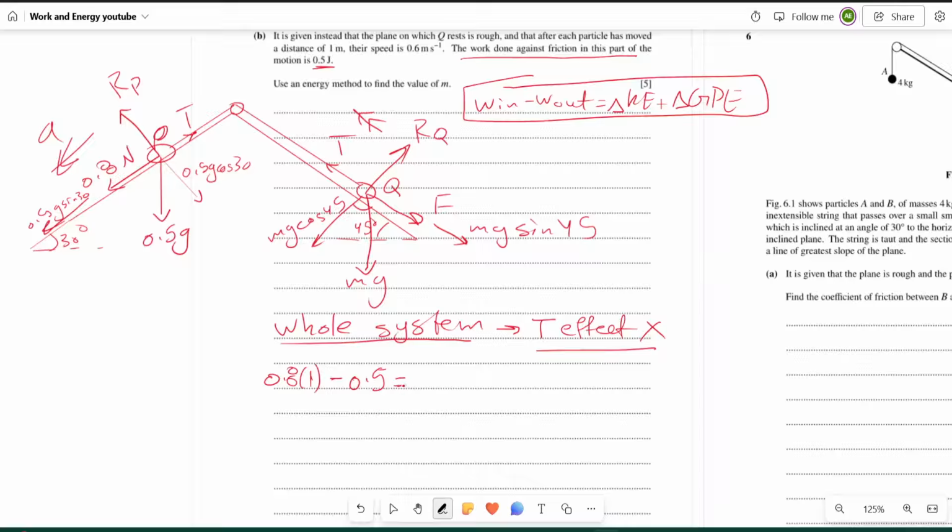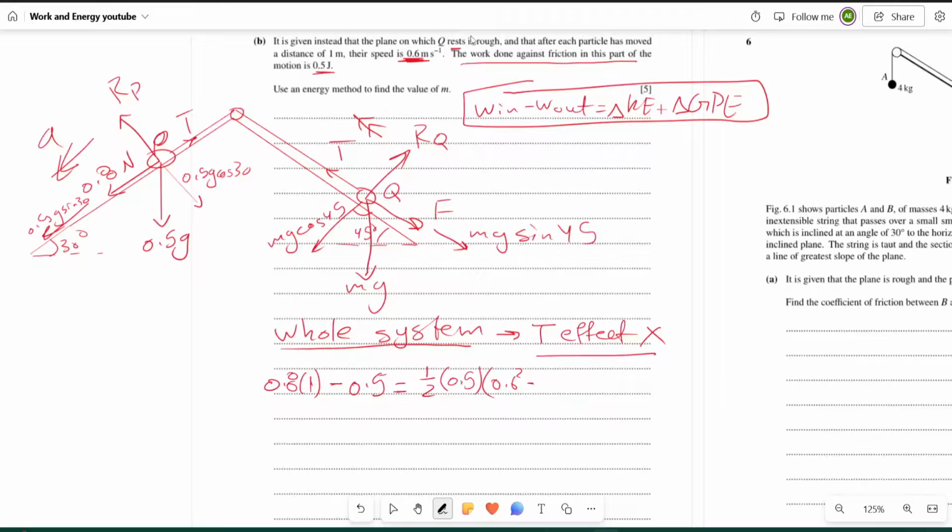That is going to equal the change in kinetic energy for both particles. So the change in kinetic energy for P is going to be half times the mass of P times the velocity of P squared. It tells me the final velocity was 0.6, minus the initial: they started from rest.